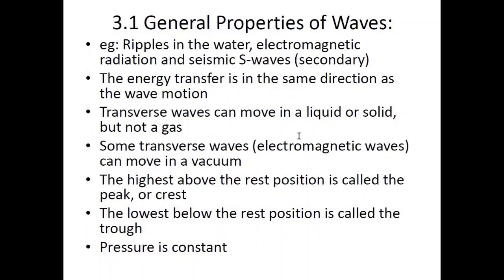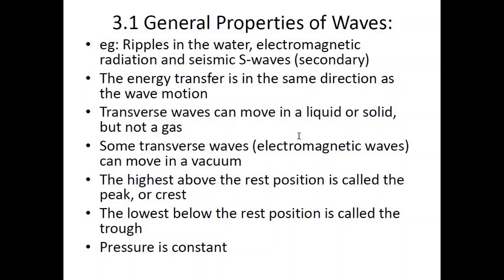For example, ripples in water, electromagnetic radiation, and seismic S waves or secondary waves. The energy transfer is in the same direction as the wave motion. They can move in a solid, liquid, but not in a gas. Some transverse waves, such as electromagnetic waves, can move in a vacuum as well.